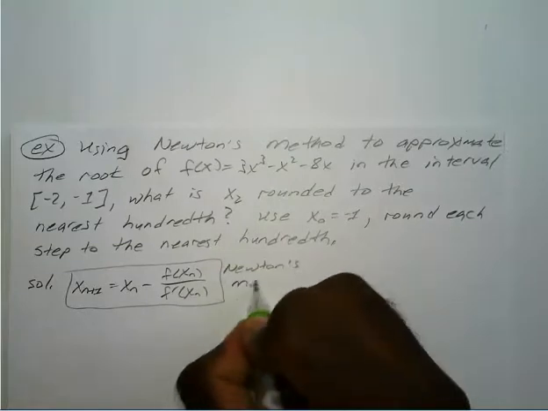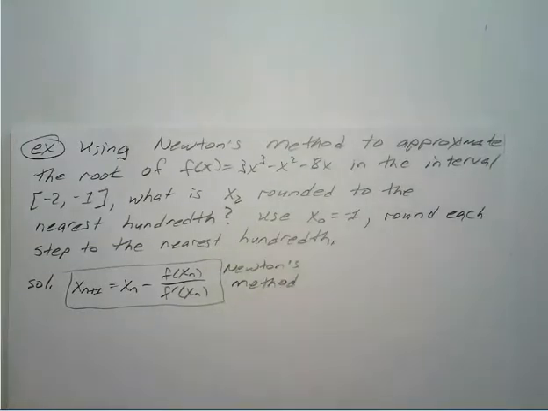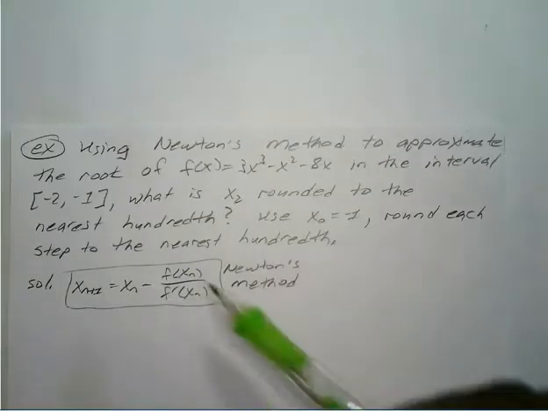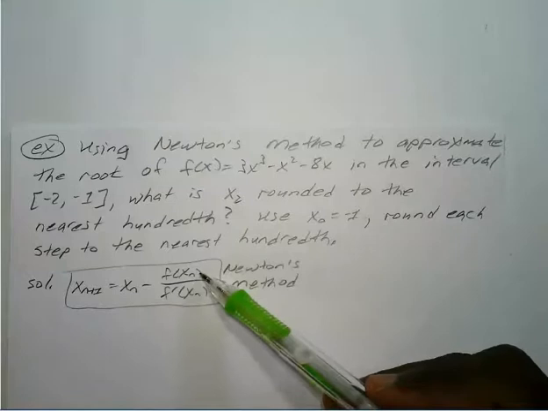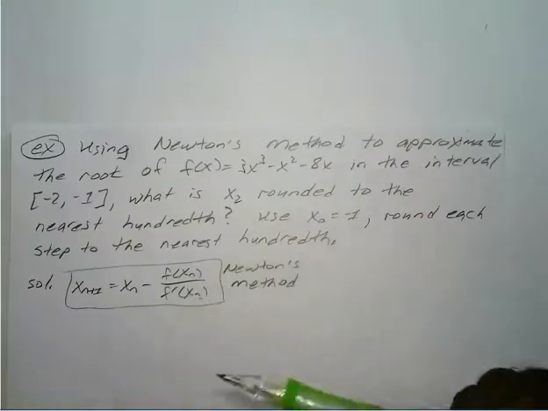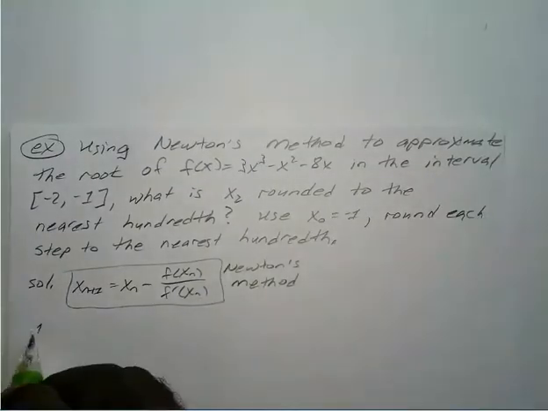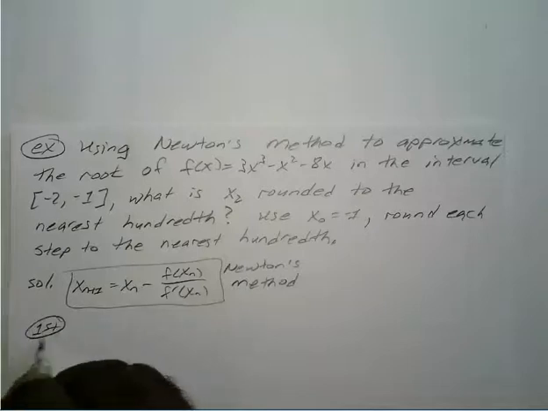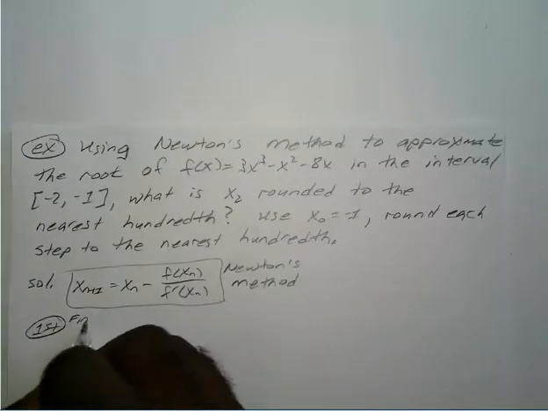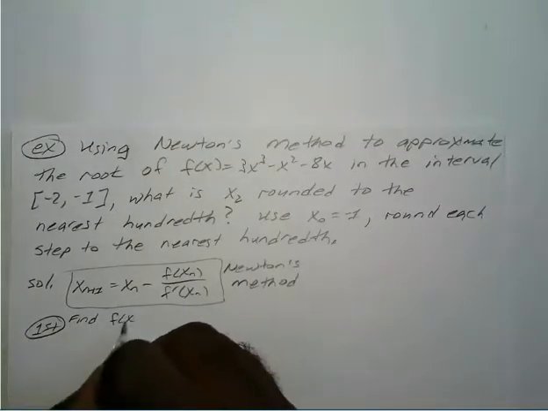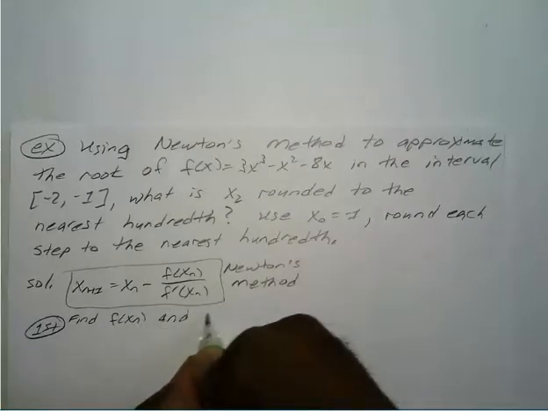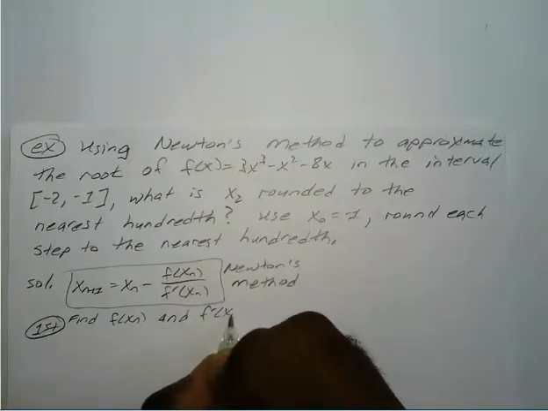Newton's method. All right. So if you remember your first step, find your f of x sub n and f prime of x sub n.